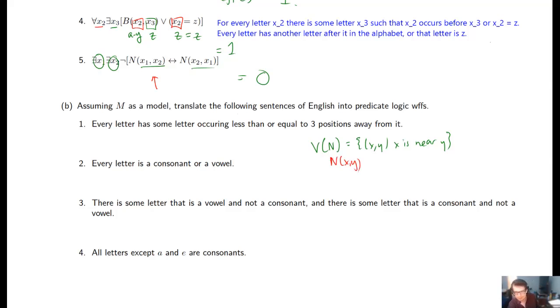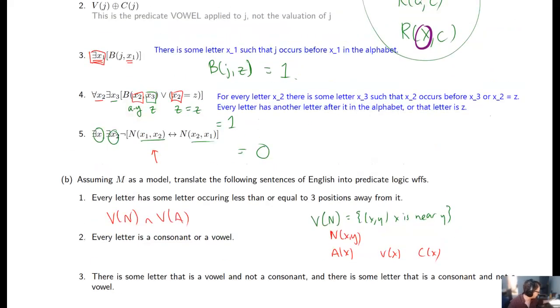So when translating these sentences, you would use these predicates. Some people were using things like VN and VA, and that's not quite how this was supposed to be done. It was supposed to be using things like Nxy and Ax and Vx and Cx, the same types of predicates that were used in 1, 2, 3, 4, and 5.